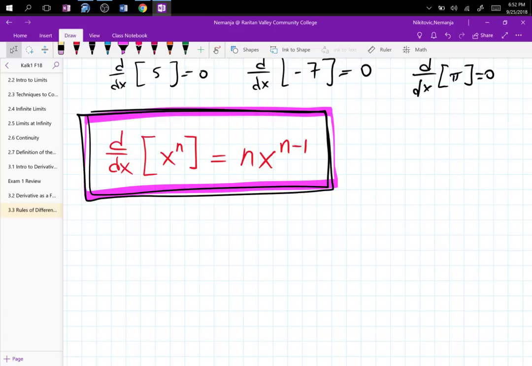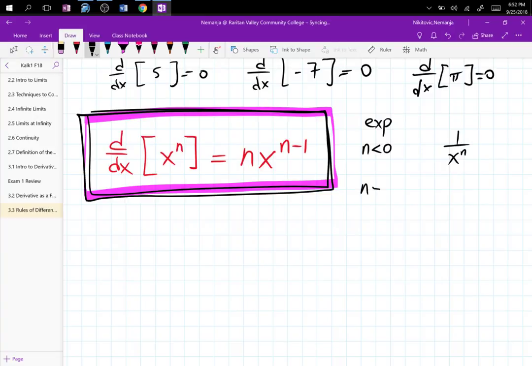This formula covers a lot. So if the exponent is negative, we have a situation like 1 over x to the n. Those are rational functions.